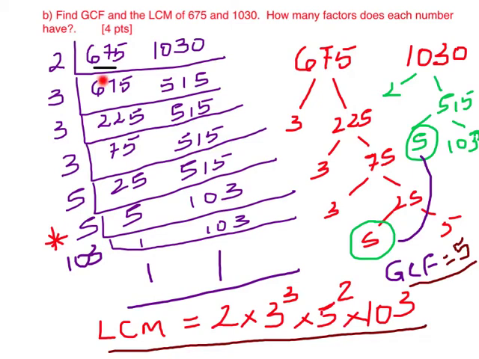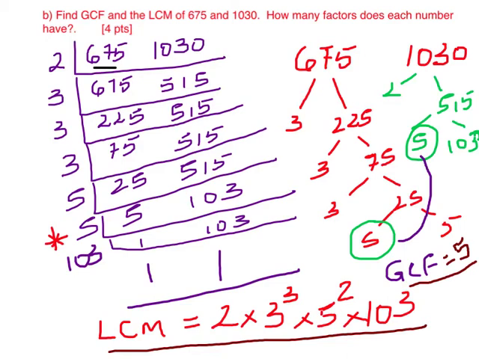So we bring our 675 down, and now this one becomes 515. 3 is the next factor, and 3 goes into 675, and you get 225. 3 does not go into 515, it's not a factor of 515.